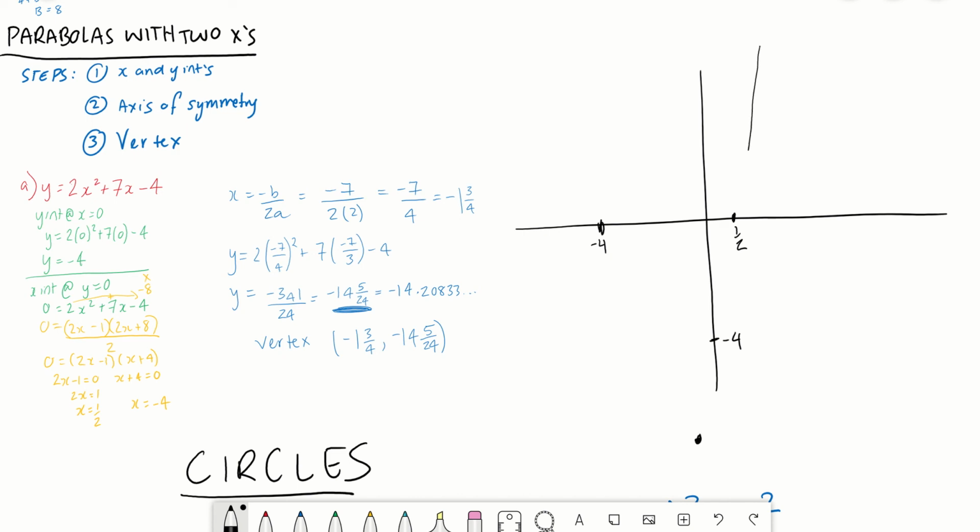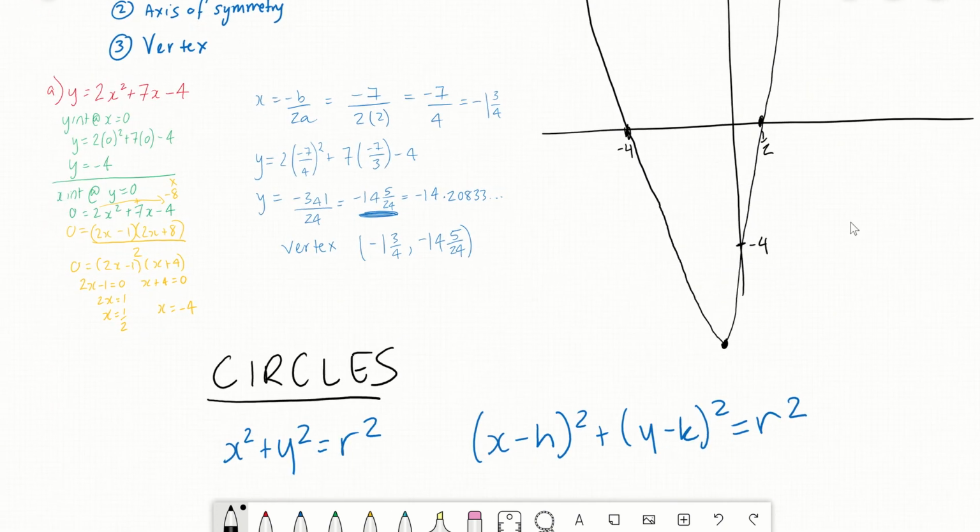So if I draw all of that together, there I have my parabola. Tough one. All right.